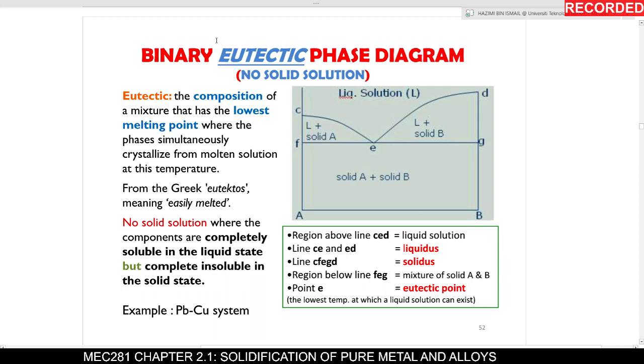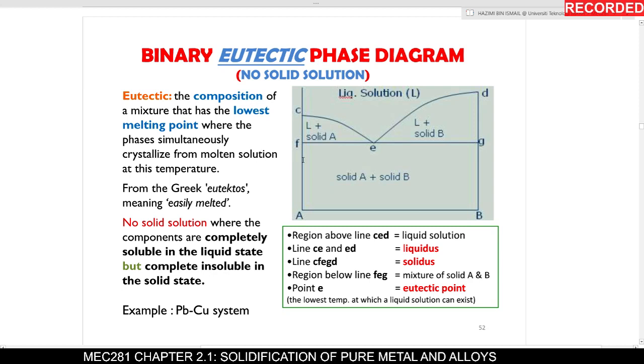Eutectic, this is kind of a new term. You never had this term before, I think. The eutectic is the composition of a mixture that has the lowest melting point, where the phases simultaneously crystallize from molten solution at this temperature.